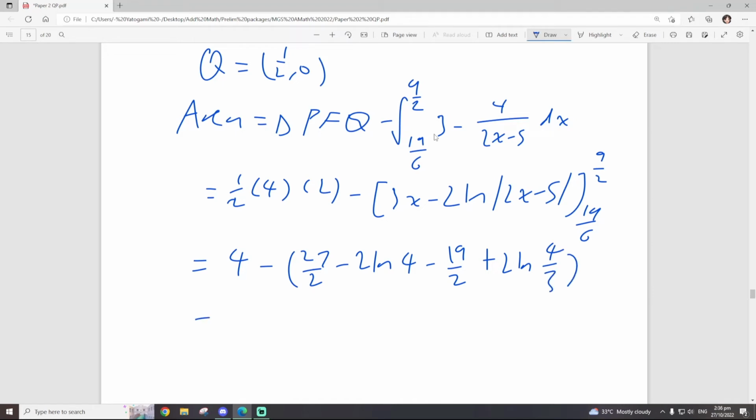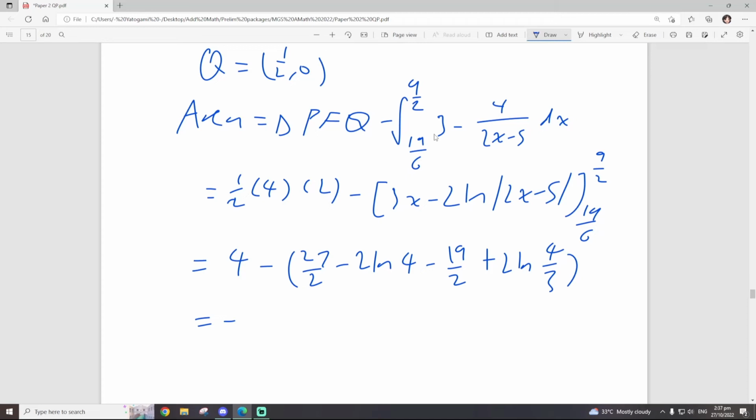Okay, and this is 8, so you get a 4 over here. No wait, sorry, this is a negative 4. 27 over 2 minus 19 over 2 is 4 exactly, so that is just that.